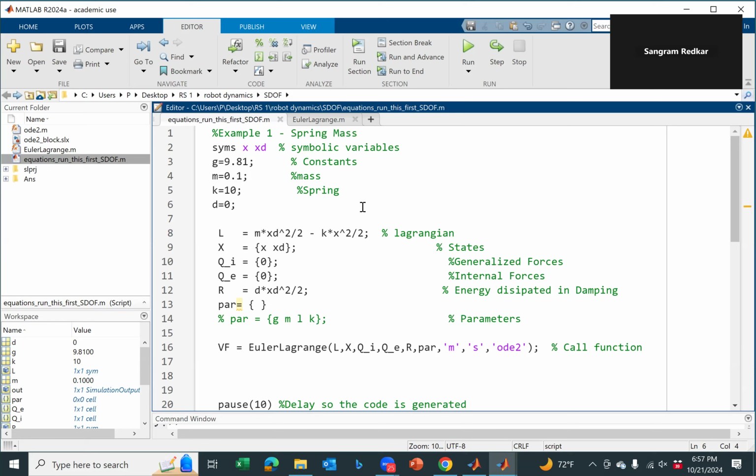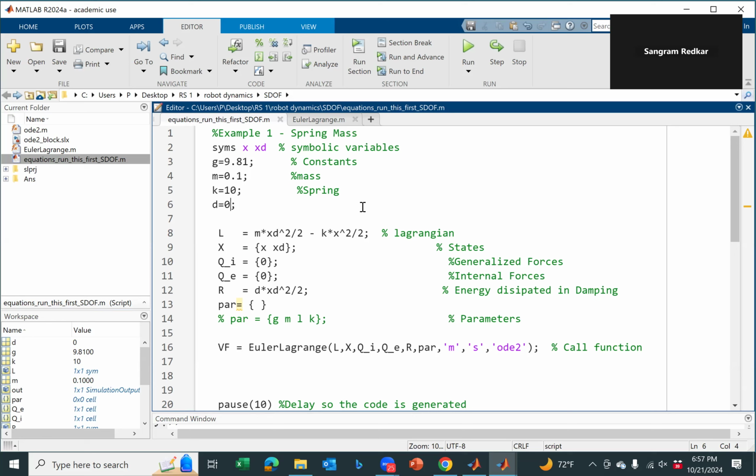So x and x dot are the 2 states. In line number 2, I'm going to specify these 2 states. First state is the displacement. Second state is the velocity. x is the displacement, x dot is the velocity. Everyone understood this? If I have the differential equation of x triple dot, that simply means that I would have 3 states: x, x dot, and x double dot.